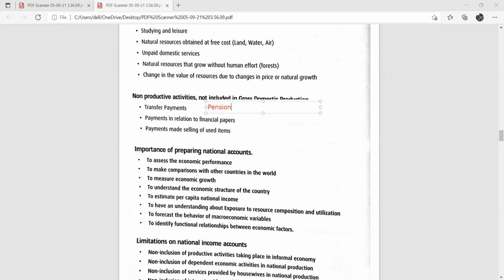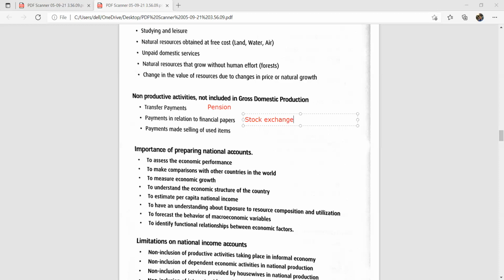Next one, payment in relation to financial papers. Actually, this is financial paper since the transaction occurred at the stock exchange. Stock exchange includes a number of events, like they mainly exchange tradable shares of public limited companies between investors.